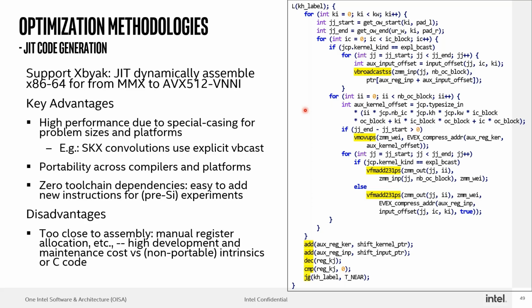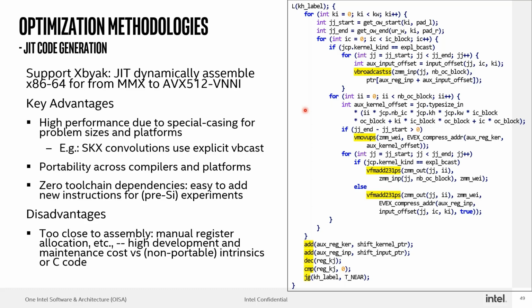To solve this problem, oneDNN uses a technique called dynamic assembly, which means that once the oneDNN binary is running on a platform, it will first detect what instruction set this platform supports. If it is an AVX2 device, then oneDNN will generate the code which is optimal for AVX2 at runtime, at the beginning of the run.